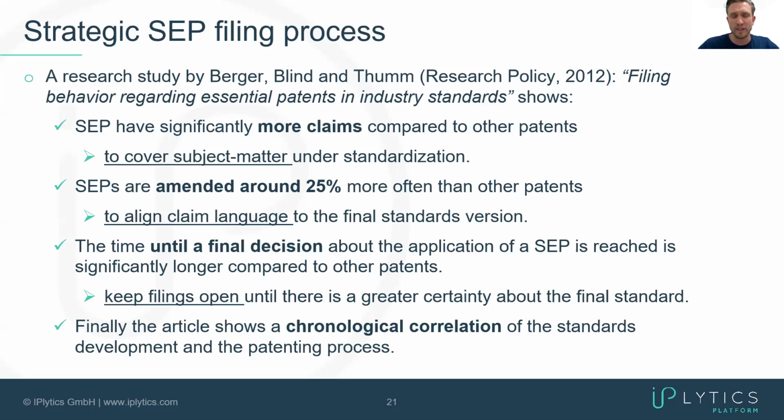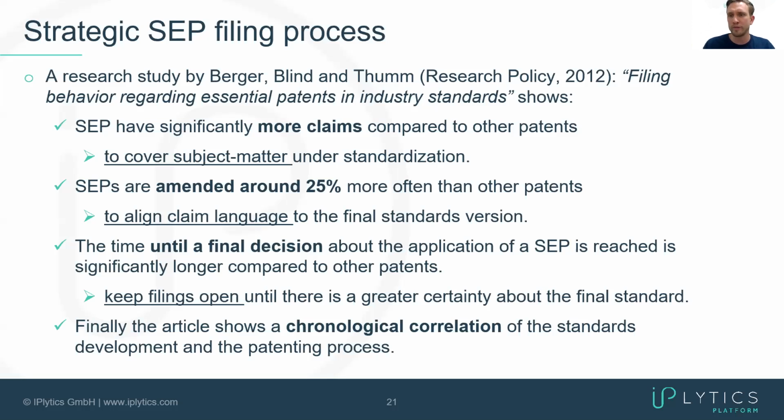The main takeaway to summarize is what I just presented: what they did in their paper, they basically gave evidence to it. Because those patents that later become declared as standard essential patents have significantly more claims. These claims are amended a lot more often. The grant decision is very often delayed.